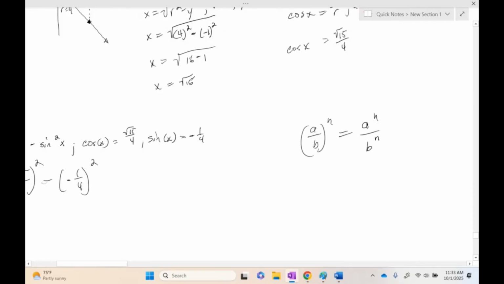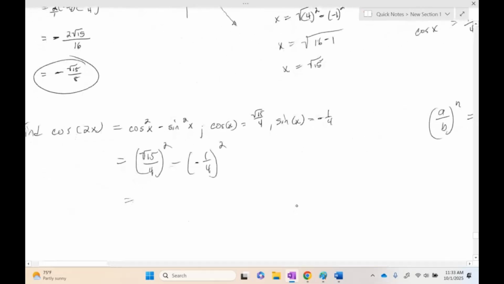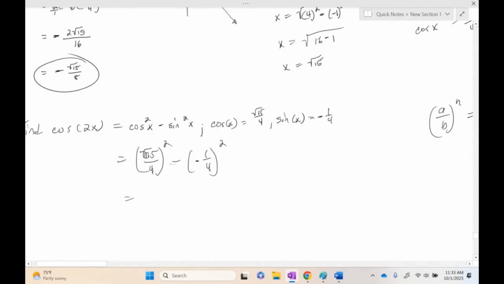So I have to raise my numerator and my denominator to my desired power. So going back to our fractions, I have to square both the square root of 15 and the 4. So when you square the square root of 15, the square root and the square, they do what to each other? Cancel. So that's 15.